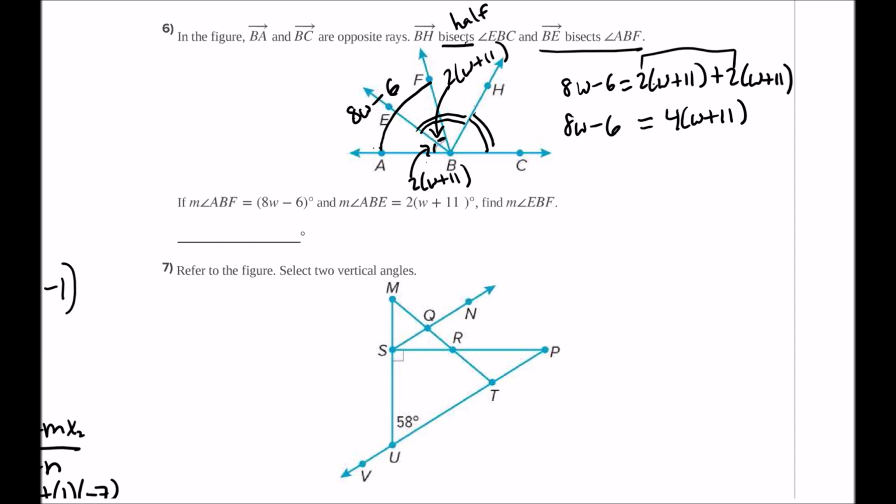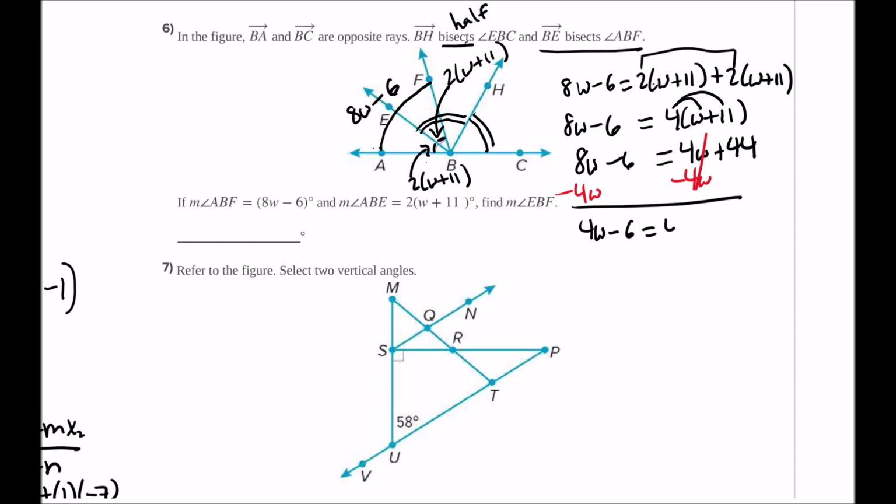All right, so now we're going to distribute the 4. So we get 4W plus 44. We get 8W minus 6 is equal to that. Now we're going to subtract 4W on both sides, get the W's to one side. So that's 4W minus 6 equals 44.